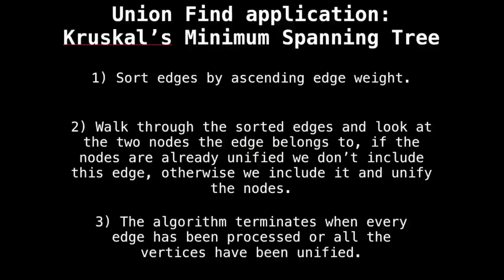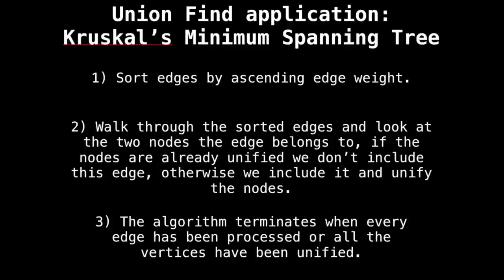So how does it work? We can break it up into 3 steps essentially. The first step is easy. Just take all our edges and sort them by ascending edge weight. Next, we want to walk through the sorted edges and compare the 2 nodes that the edge belongs to. If the nodes already belong to the same group, then we want to ignore it because it'll create a cycle in our minimum spanning tree, which we don't want.